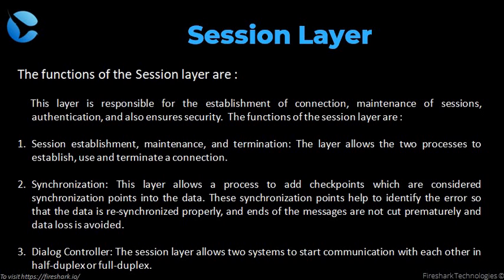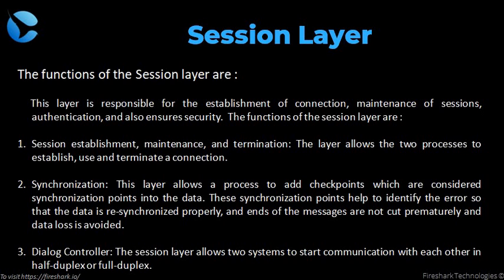For example, if a system is sending a file of 200 pages, it is advisable to insert a checkpoint at every 20 pages to ensure that each 20-page unit is received and acknowledged independently. In this case, if a crash happens during the transmission of page 100, the only pages that need to be resent after recovery are pages 101 to 200.